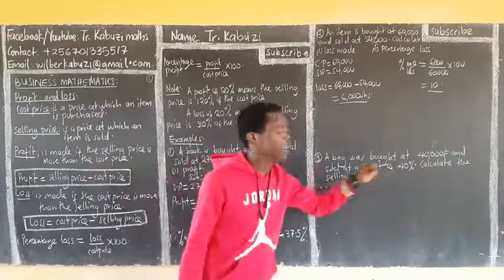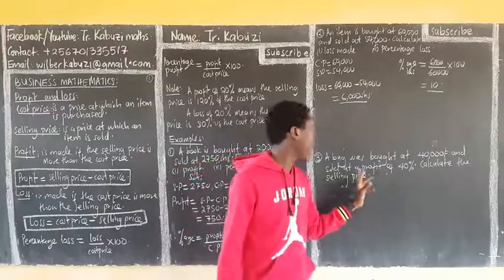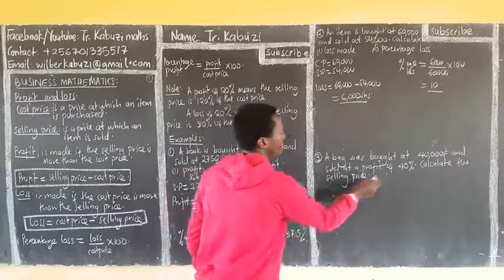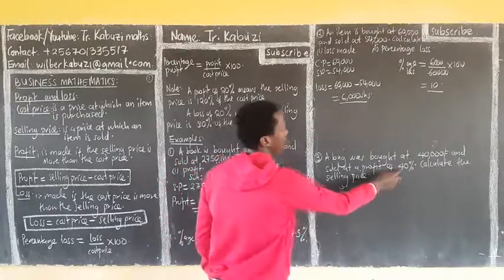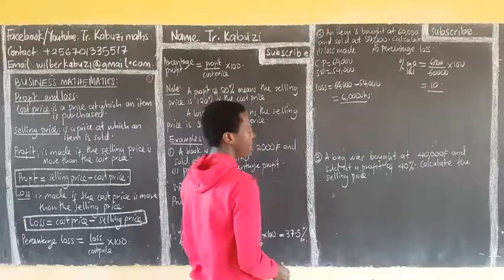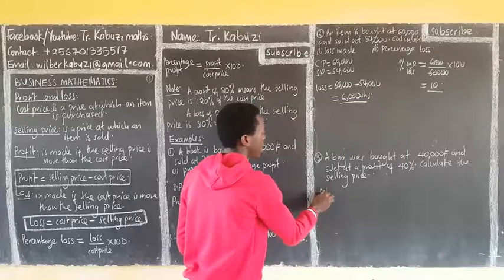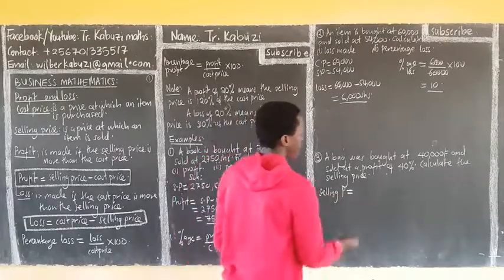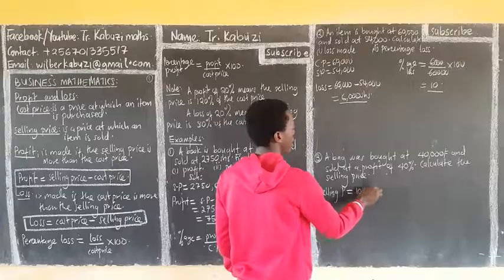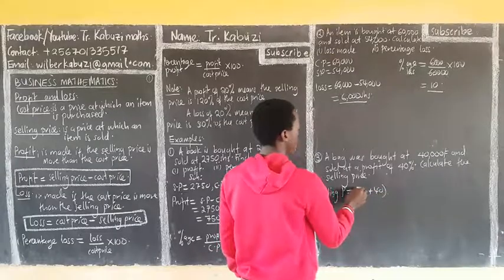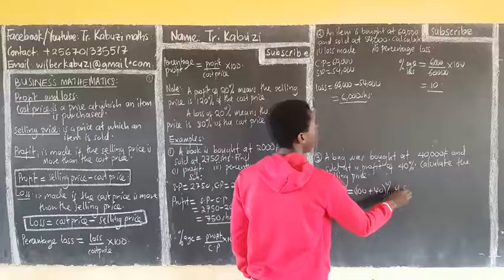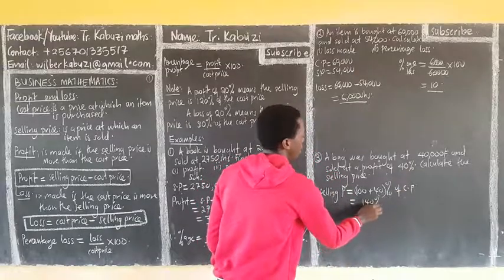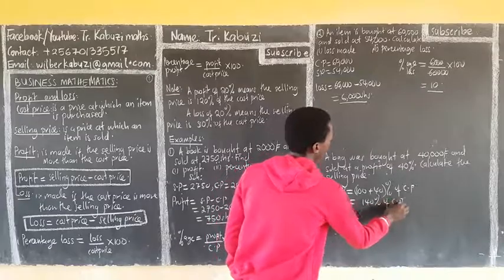A bag was bought at 40,000 and sold at a profit of 40%. Find the selling price. Okay. So now, if this is the profit percentage made, it means the selling price is going to be 100 plus the profit percent of the cost price, which will be 140% of the cost price.